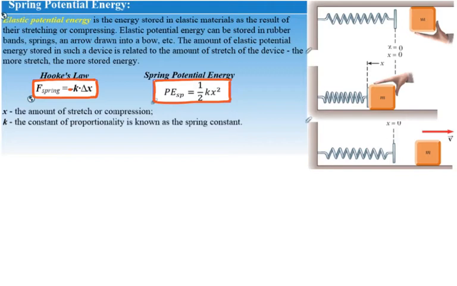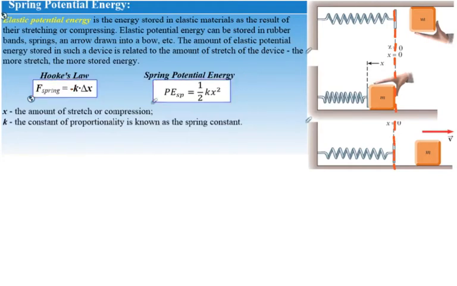Where does the block get it? It gets its kinetic energy from the energy that you gave to the spring. When you stretch the spring, you give energy to it, and the spring is able to do work on the block and accelerate it toward the equilibrium position.